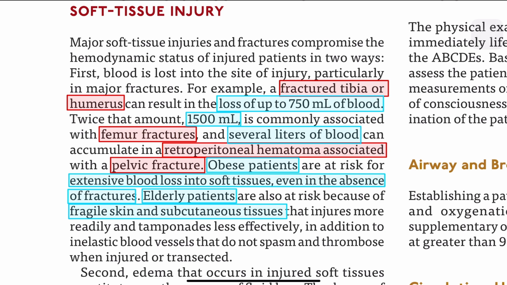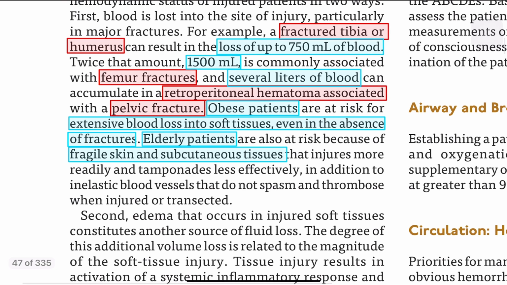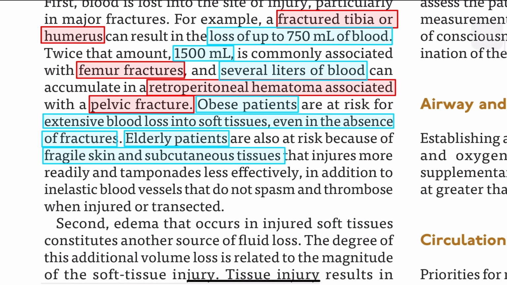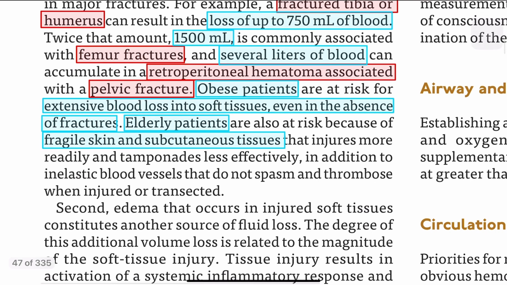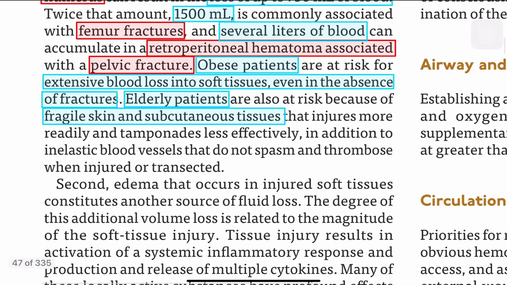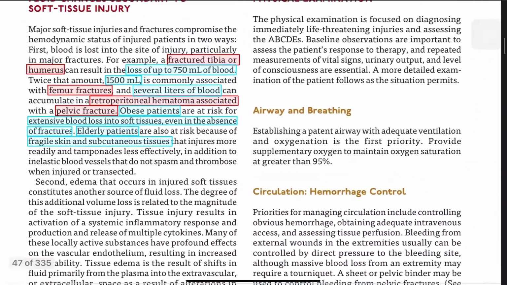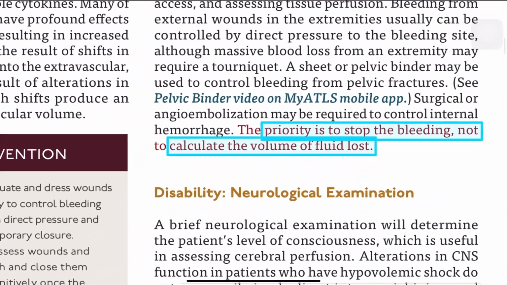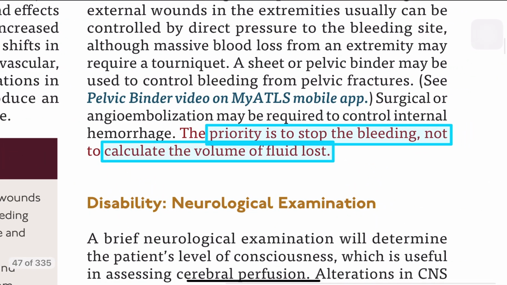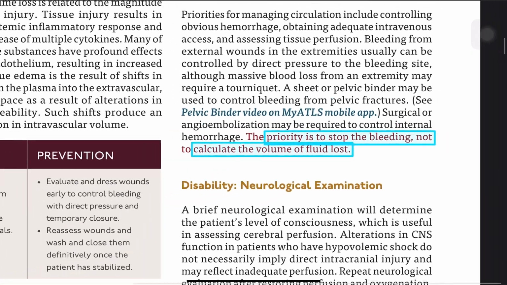So pelvic fracture, several liters; femur fracture, 1.5 liters; and 750 ml in tibia or humerus. In obese patients, there can be extensive blood loss in soft tissue even in the absence of fracture. Elderly patients too, because they have fragile skin and subcutaneous tissue. So the priority is to stop the bleeding, not to calculate the volume of fluid loss.